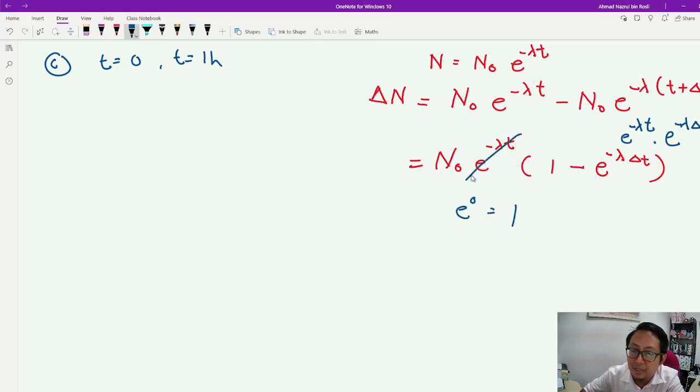So automatically this factor is equal to 1, and delta N is equal to N naught times 1 minus exponential minus lambda delta t.